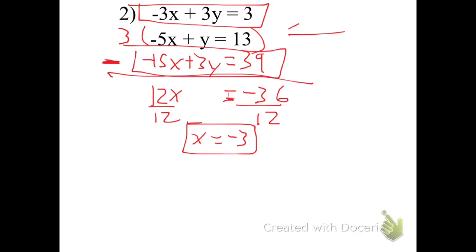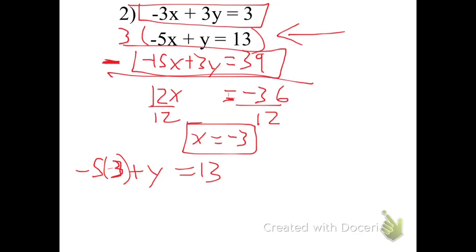So now that I have x, I can plug it into one of the equations. I'm going to plug it into the second one, because y is almost by itself, and when I plug x in, I'm trying to get y by itself at the end. So I'm going to plug into that second equation there, before it was multiplied by 3. So I get negative 5x plus y equals 13. And this x gets replaced with what x is equal to, which is negative 3. So instead of x, I have negative 3.